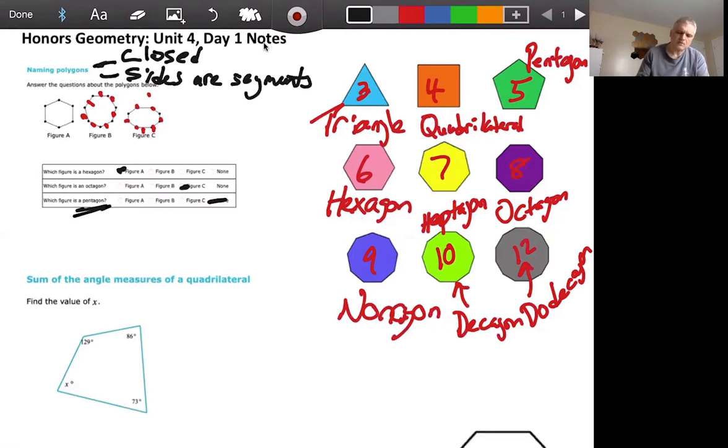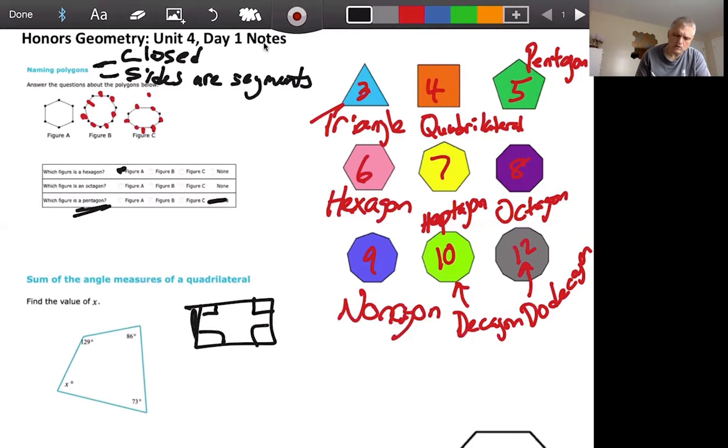Now, how many degrees are in the angles inside of a quadrilateral? Well, the easiest quadrilateral you could probably think of is a square or a rectangle, where you know that all of these angles are right angles.